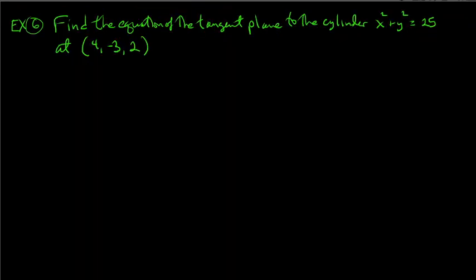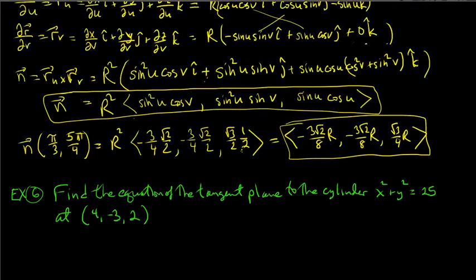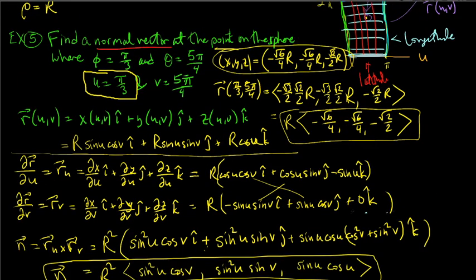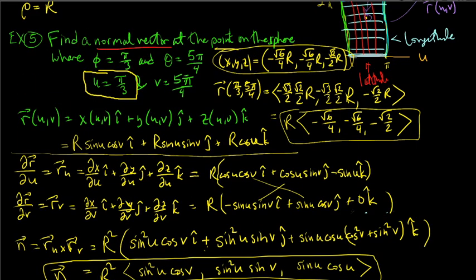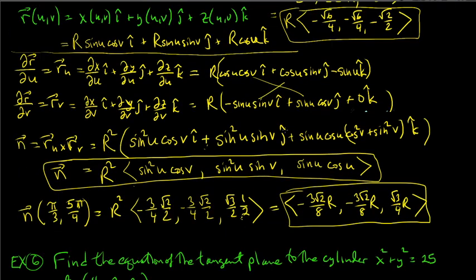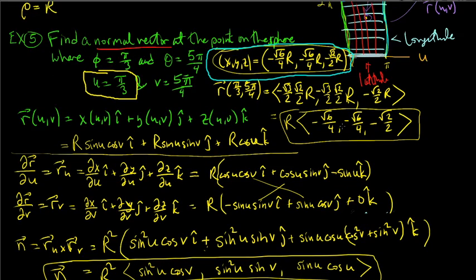Okay, so here's another example. Very similar. Find the equation of the tangent plane to the cylinder x squared plus y squared equals 25. You should recognize that's a cylinder, at the point 4, negative 3, 2. So yeah, we could have done that here too. Once you find the normal vector, and you have your point, your x, y, and z, way up here, you can find the equation of the tangent plane at that point.